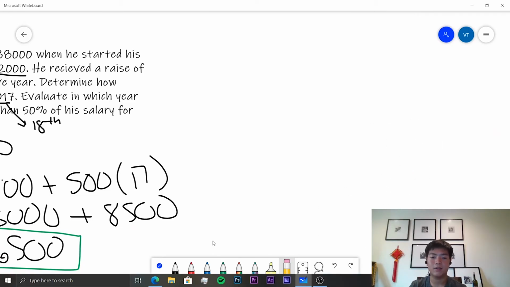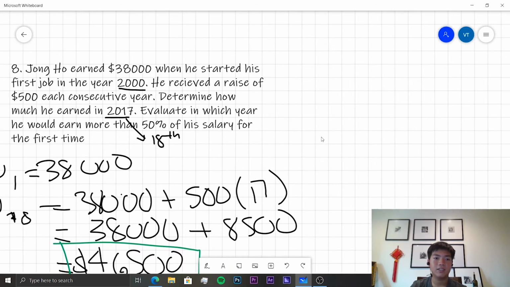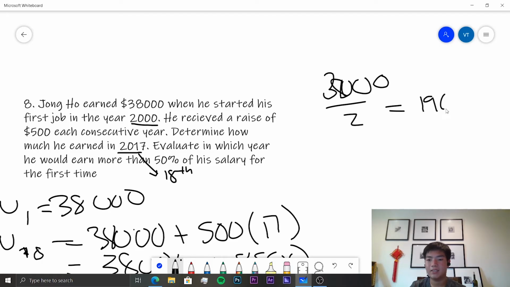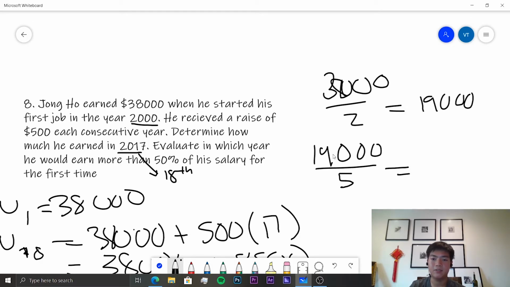Now we need to calculate the first year he would have earned more than 50% of his salary. The trick to doing this is simply, what's 50% of his salary? It's 38,000 divided by 2, which is equal to 19,000. And what's 19,000 divided by the common difference of 500?